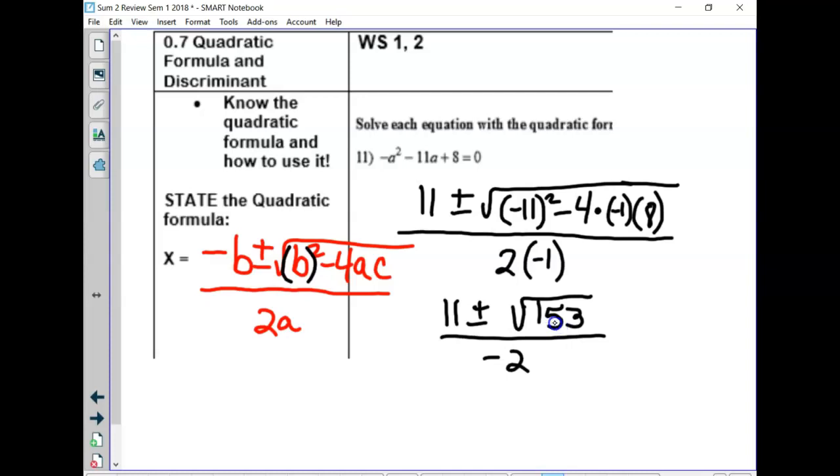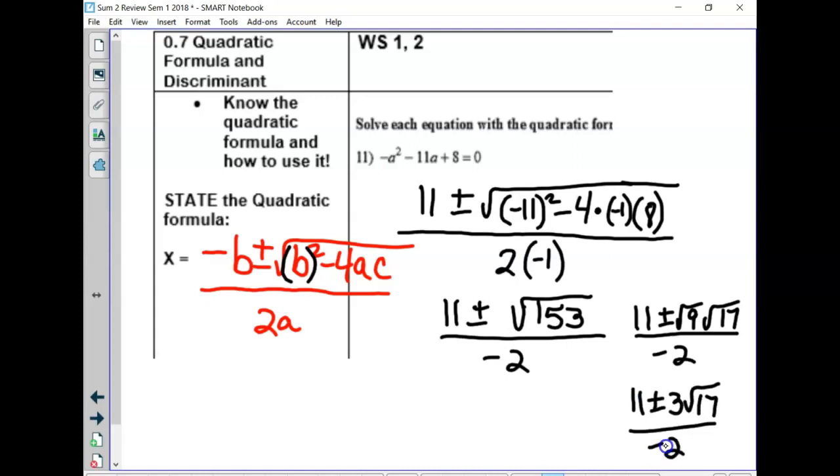It is 17 times 9? Oh, 3 goes in here 51 times. I said 5 goes in here. I'm so confusing myself. Thank you. It is an icky one. It's 9 times, you said 17? So we get 11 plus or minus 3 square roots of 17 over negative 2.